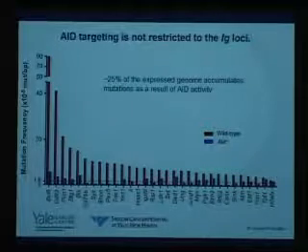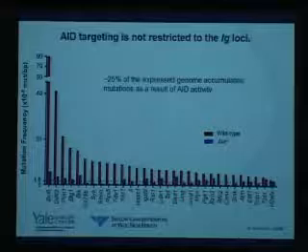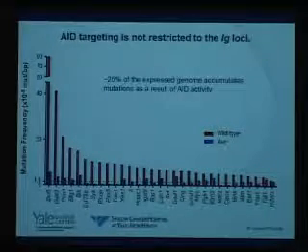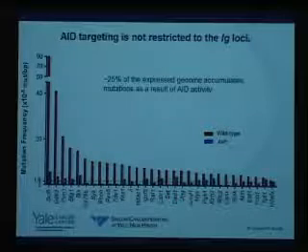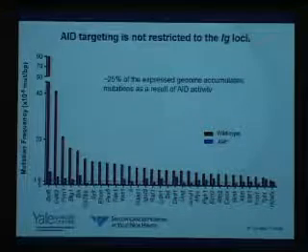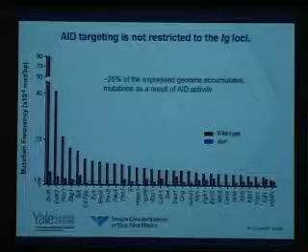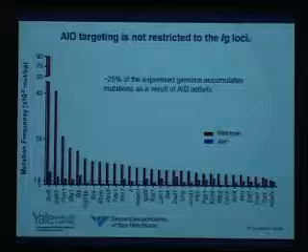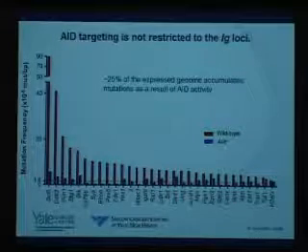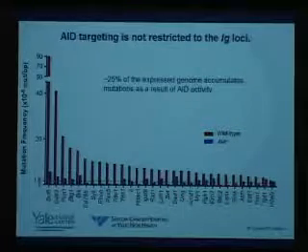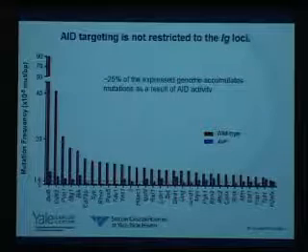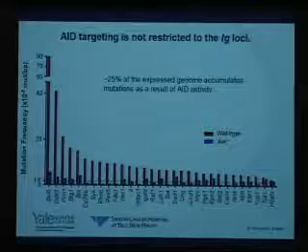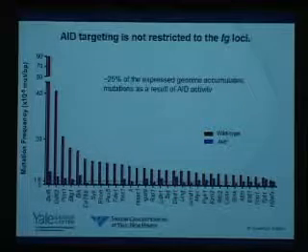Now, David Schatz gave a talk in Cancer Center Grand Rounds a few weeks ago, and he presented some of this data. But just to show you quickly, I've been working in his lab, and so I have access to this. Maggie Liu is a graduate student in the lab, and she found that simply by looking at B cells from normal wild-type mice, obtained from germinal centers, approximately 25% of the expressed genome accumulates mutations as a result of AID activity.